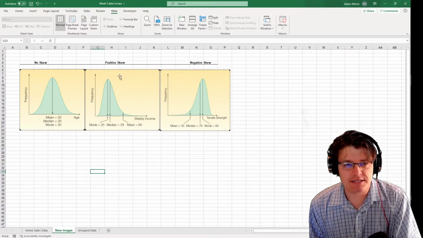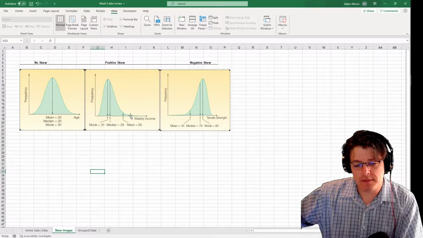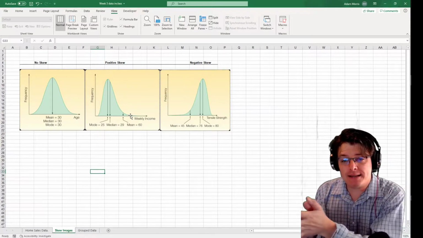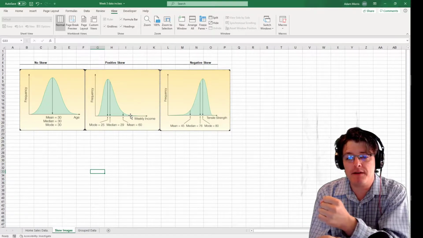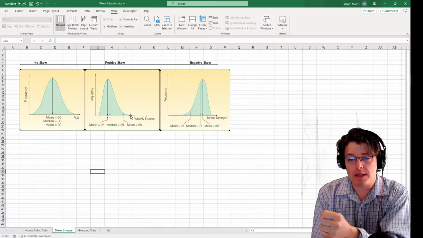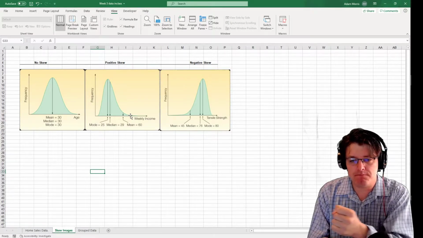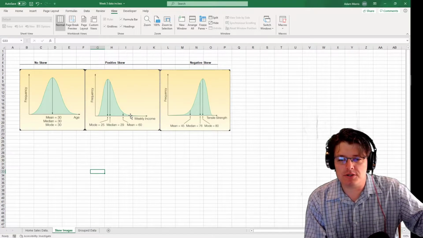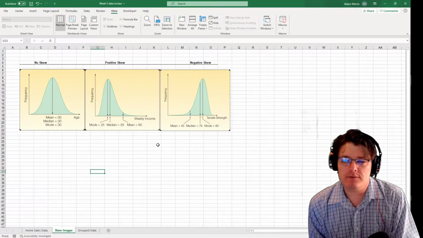For instance, in this positive skew, we have values that are much larger that are pulling the mean forward. So when we have positive skew, the mean tends to be larger than the median. We think of mean and median as both measuring the center of the data, and sometimes they match up and overlap, but not always. If there are large values, the mean is going to be pulled towards the higher values, whereas the median remains in the middle.